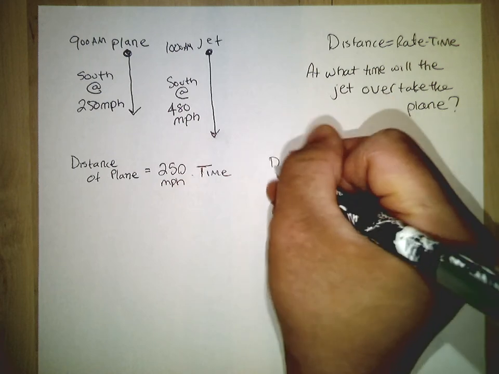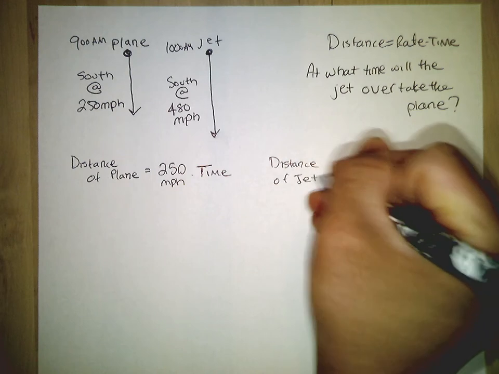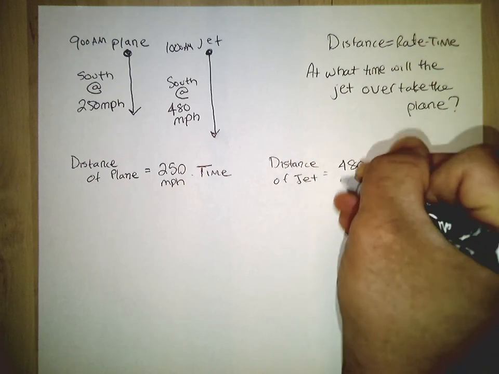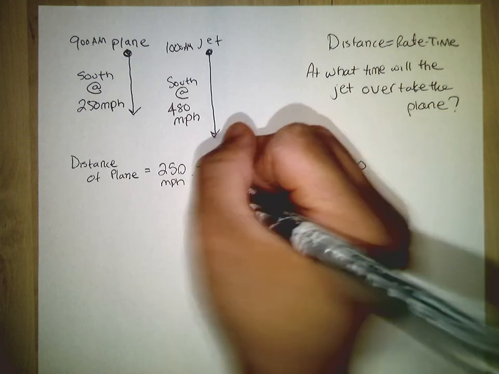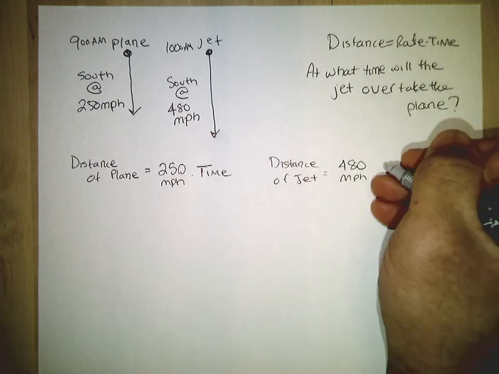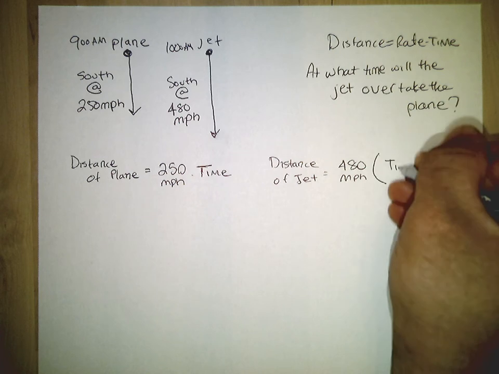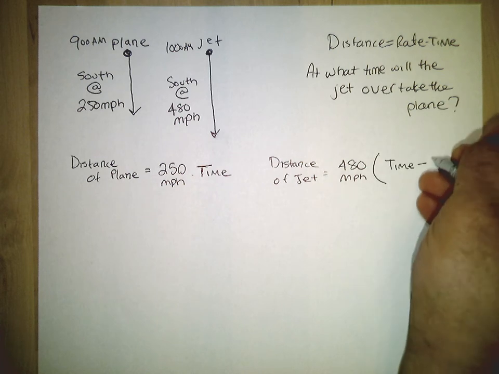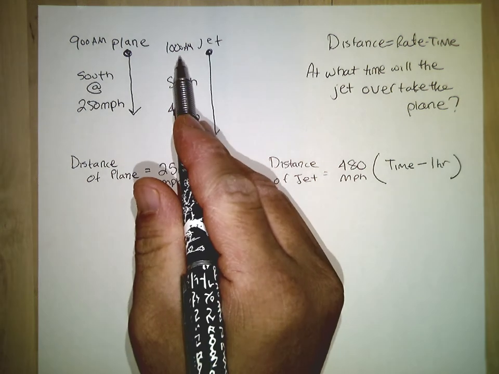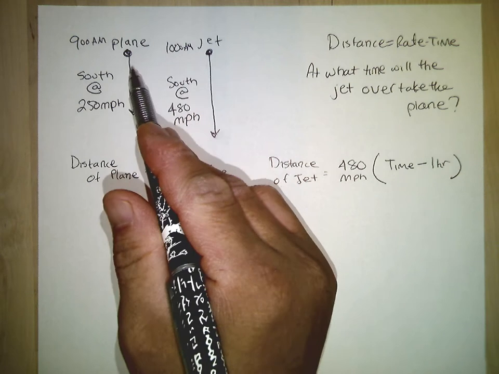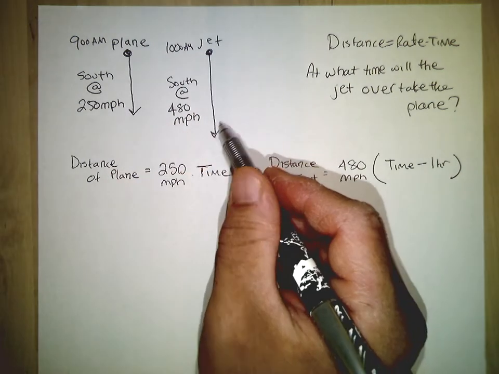And then the distance of the jet will be 480 miles per hour, but this will be the time minus 1 hour, because the jet left an hour later than the plane, so we have 1 hour less time.